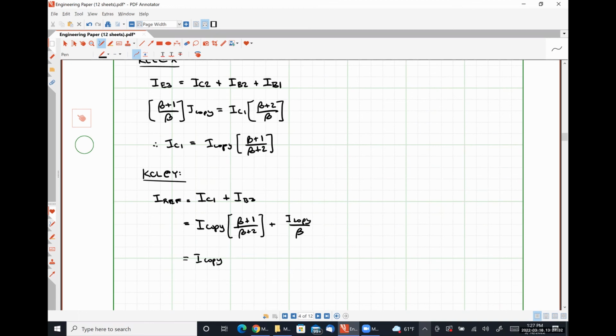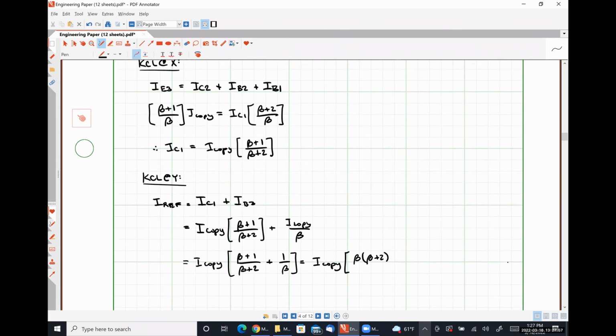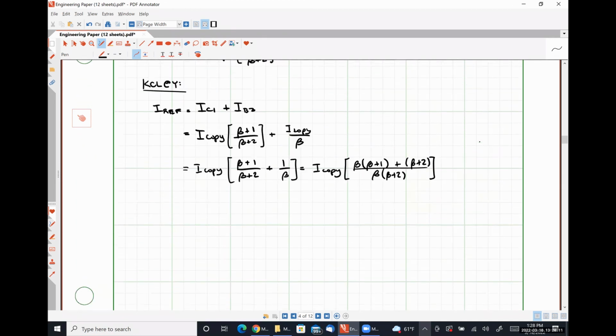Grouping our like terms together, this looks like beta plus 1 over beta plus 2 plus 1 over beta, which is the same as I copy times beta times beta plus 1, plus beta plus 2, all over beta times beta plus 2.